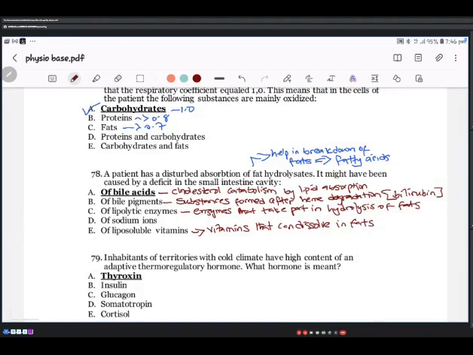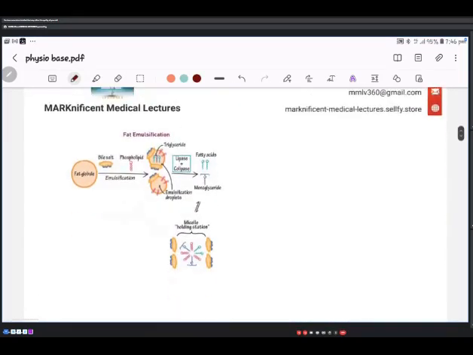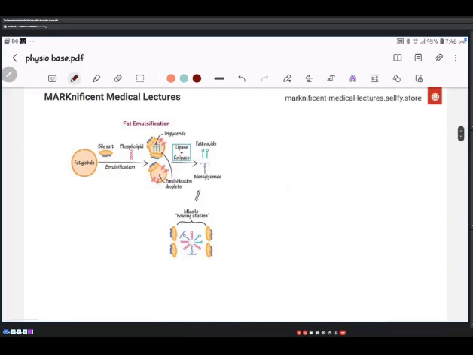So a patient has disturbed absorption of fat hydrolysates. It might have been caused by a deficit in small intestine cavity. This is a clear picture of absorption of fats or fat breakdown.